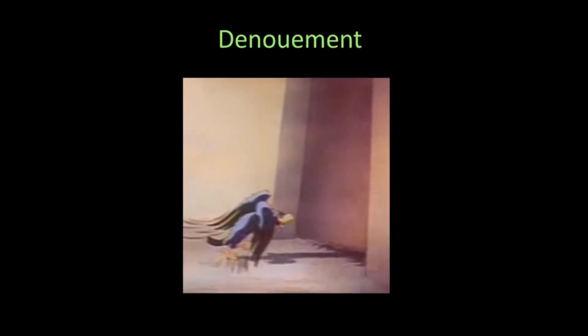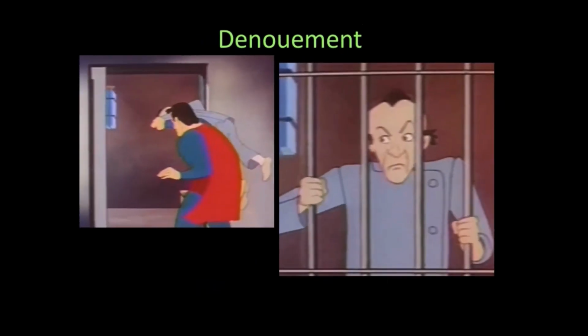So we find out that the misguided vulture manages to escape, hopefully to lead a better life away from the bad influence of the mad scientist. We find out that the mad scientist gets locked up in jail by Superman.